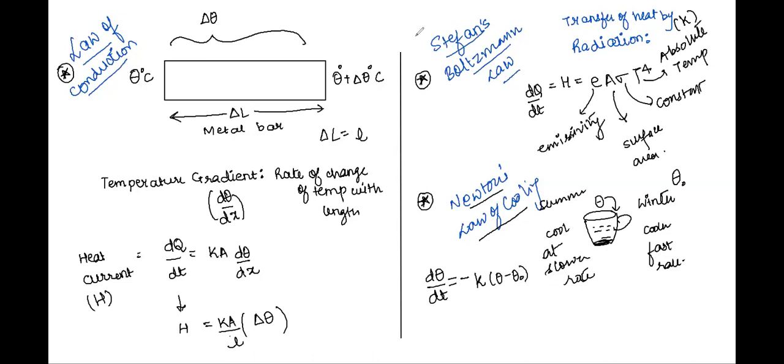This theta is the temperature of the hot body at any time t. It's called instantaneous temperature, means at any given time t. And this theta naught is the ambient temperature.